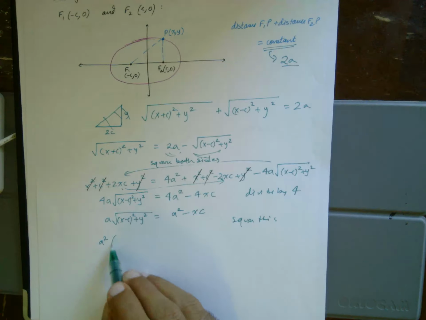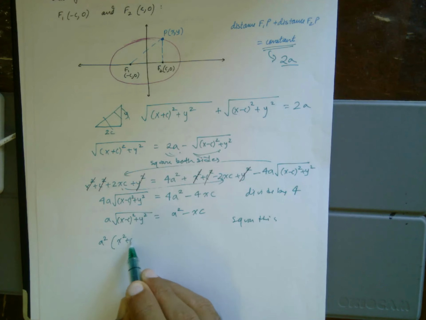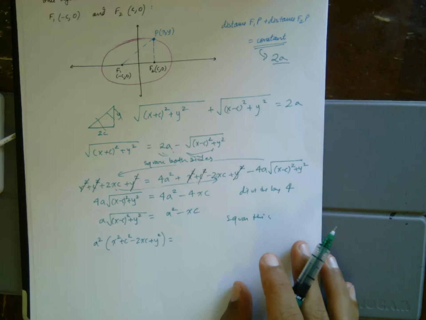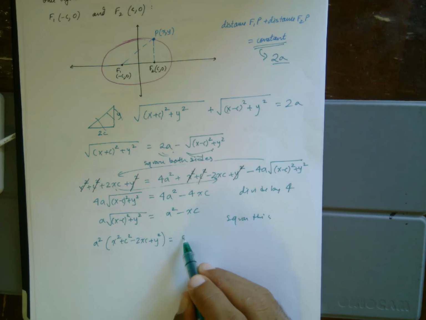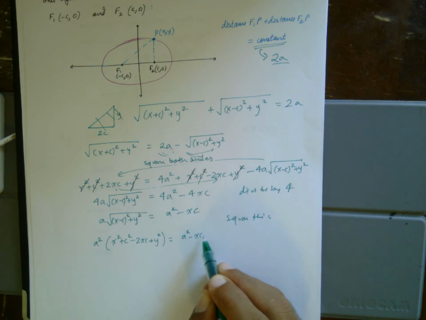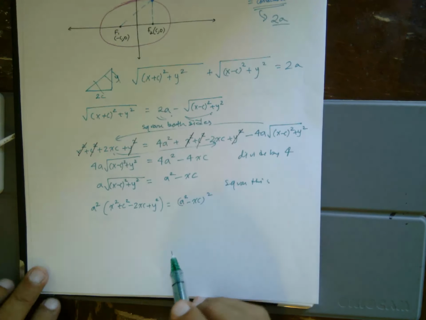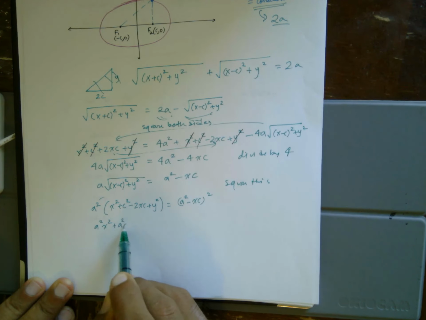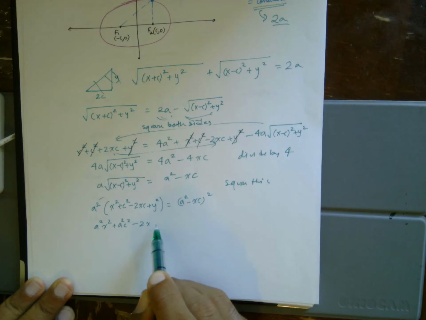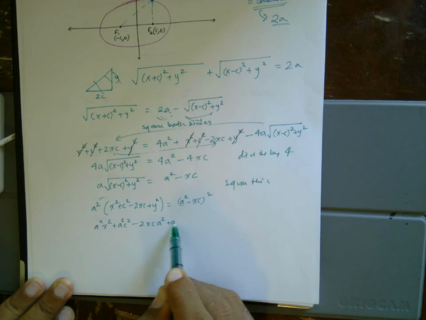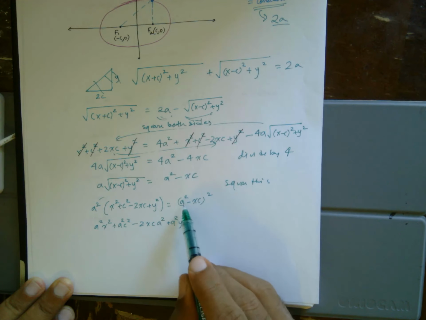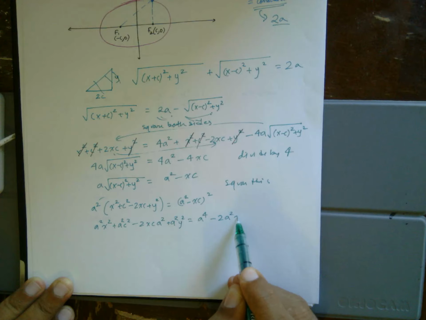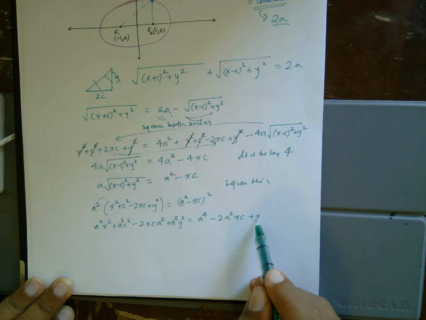That's a squared, and I get x squared plus c squared minus 2xc plus y squared equals a squared minus xc, squared. I distribute this, and get a squared x squared, a squared c squared, minus 2a squared xc, a squared y squared. Then a squared times a squared is a to the 4, minus 2a squared xc plus x squared c squared.